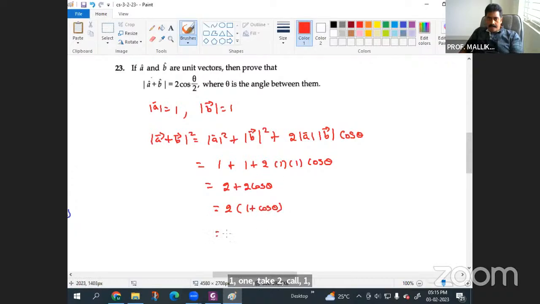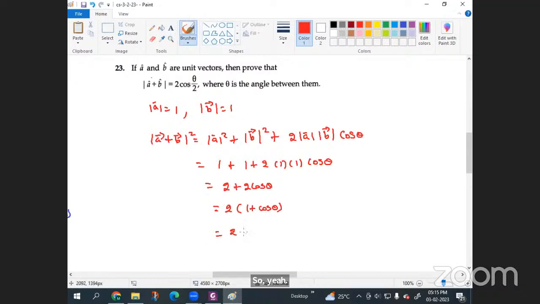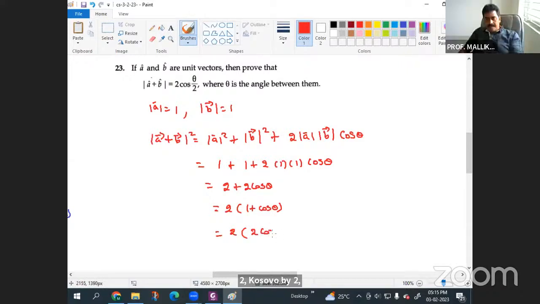What is 1 plus cos theta? 2 cos square theta by 2. Very good. So 2 into 2 cos square theta by 2 equals 4 cos square theta by 2.